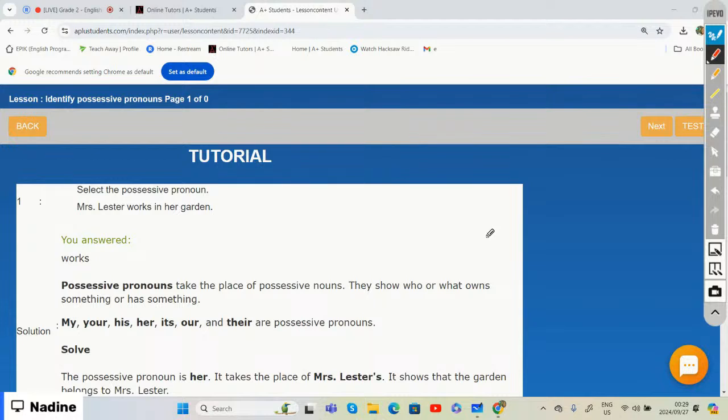So her is the possessive pronoun. Her garden. Yes, well done. Her is correct.